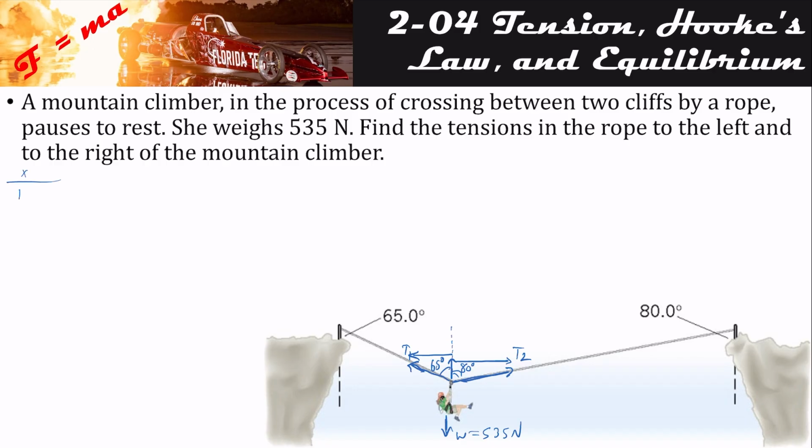If I work in the x and go F net equals MA, I'd have T1 going to the left. It's opposite the angle, so it'd be sine of 65. T2 is going to the right. It's opposite the angle, so it'd be sine 80. And there's no acceleration because we're pausing. We're resting.